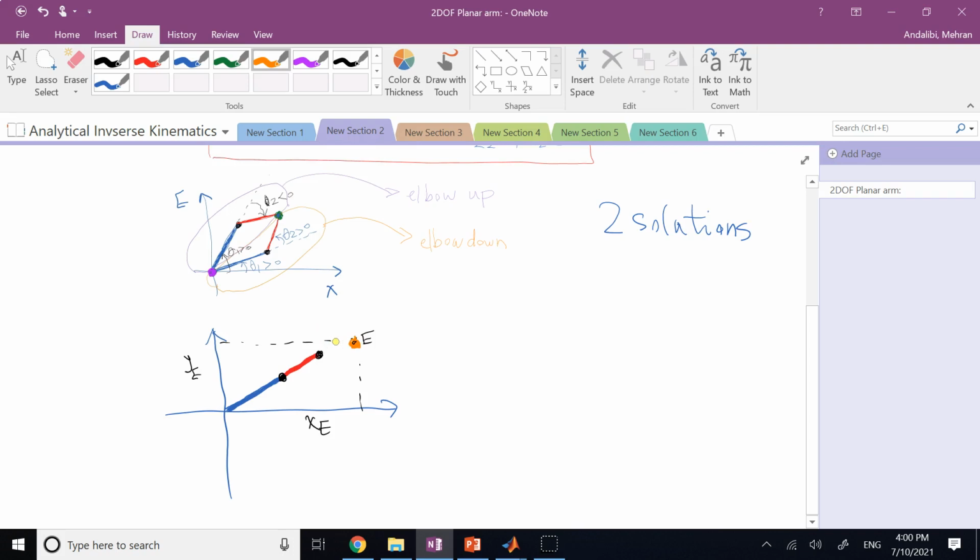On the other hand, if I ask you, what is the minimum reach of the robot? In other words, how close can the end effector of the robot be with respect to the origin? How close to the origin can the end effector go and grab something? You say, well, that is when this member, the second member, is fully retracted.